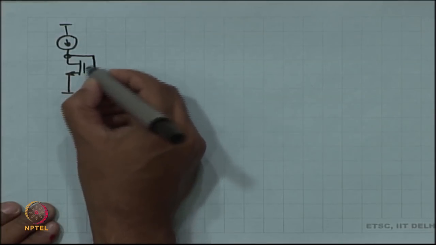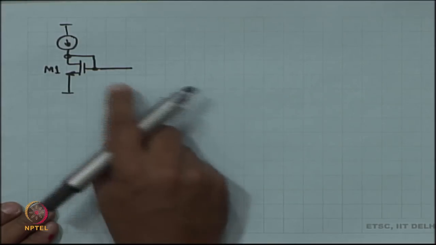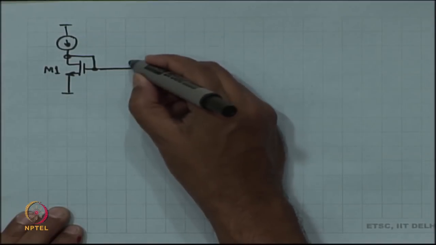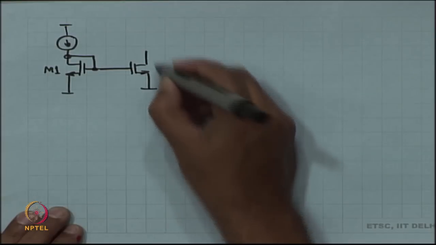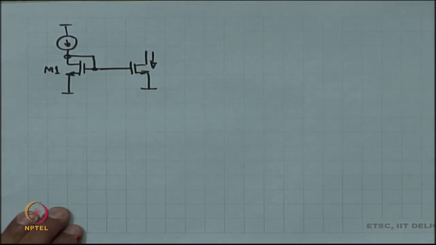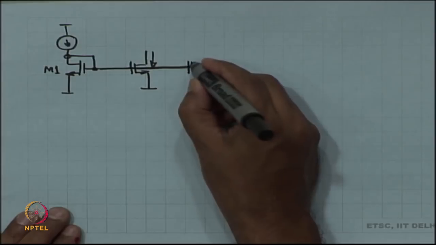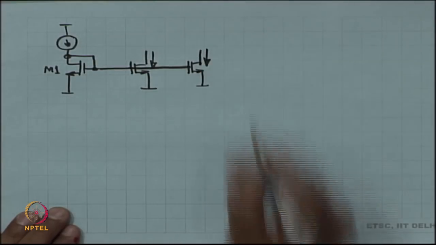You push it through one device and you generate just the right voltage, such that if I have another MOSFET, it will create the same current, okay. And guess what? You can have yet another MOSFET and get the same current.